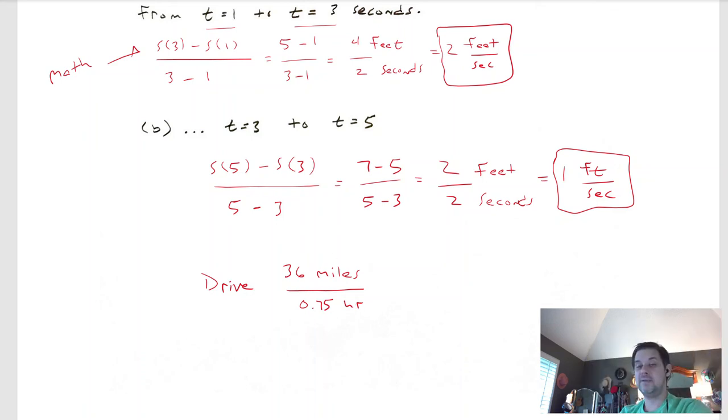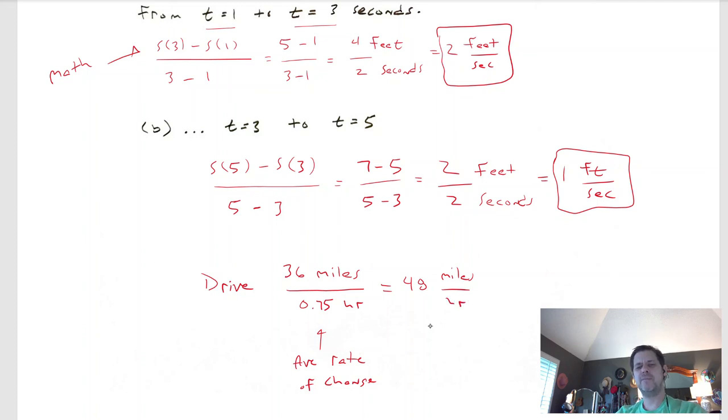So 36 divided by 0.75 turns out to be 48. This is just like what we're doing up there. This is an average rate of change. My number turns out to be 48, and my units happen to be miles per hour.